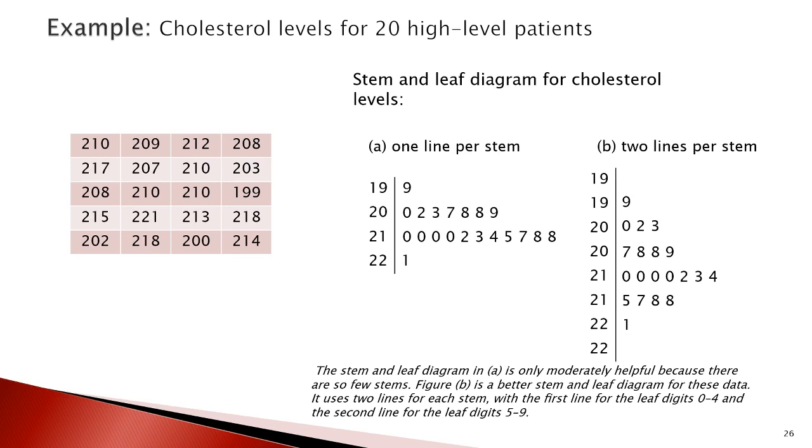It uses 2 lines for each stem, with the first line for the leaf digits 0 to 4 and the second line for the leaf digits 5 to 9. That is how you can create the 1 line per stem diagram and the 2 lines per stem diagram.